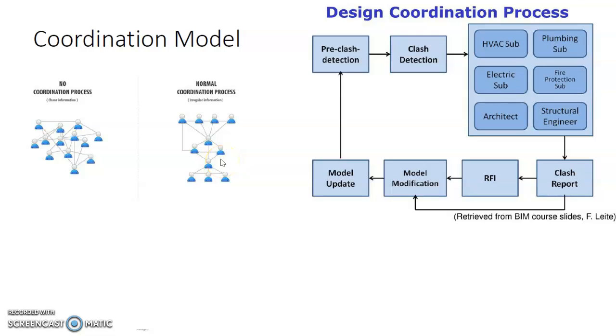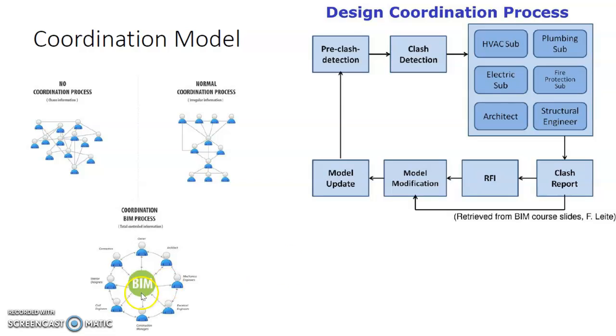So that's why we make use of the coordinated BIM model to allow a more systematic transfer of information between all the different affected parties, so that the resolution or the answer can be found as soon as possible to resolve the issue.